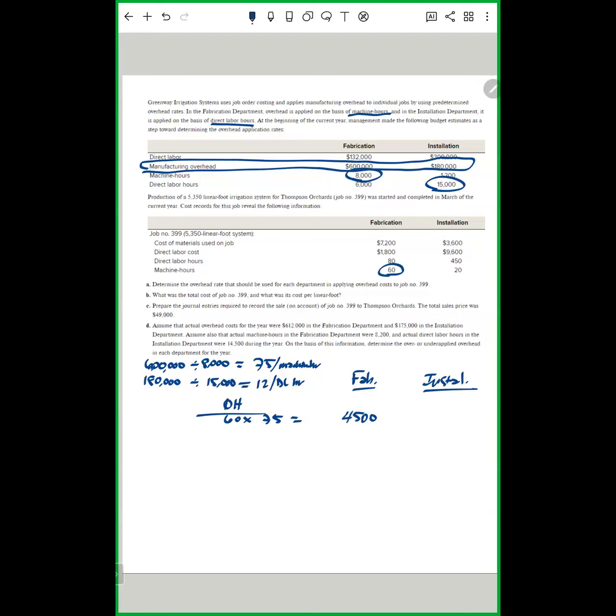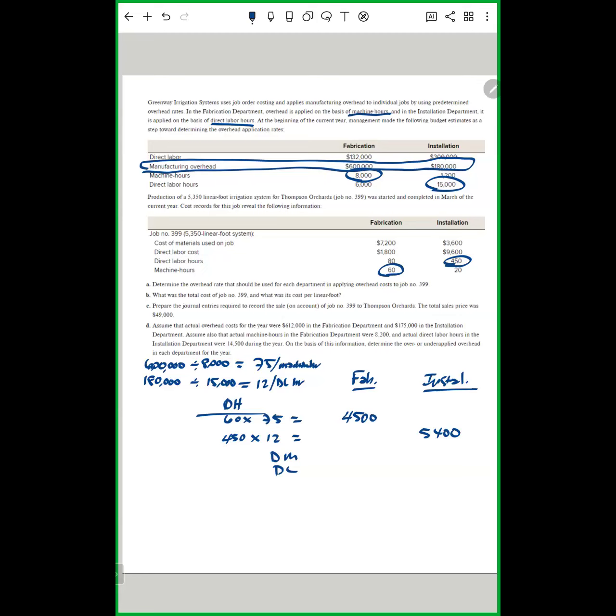And then in the installation department, we use the direct labor hours, 450. So we're going to say 450 times 12. I get $5,400.